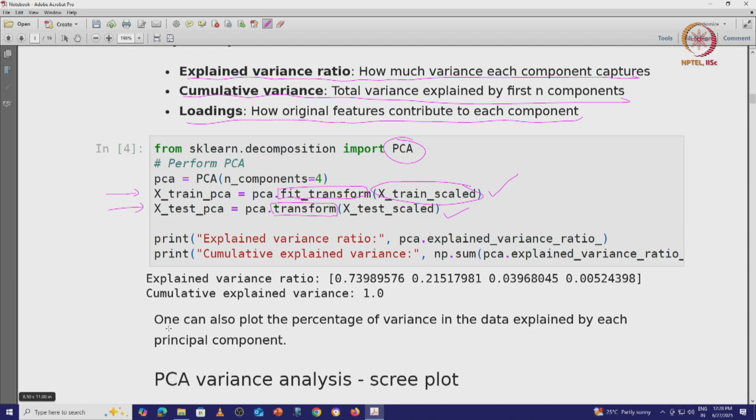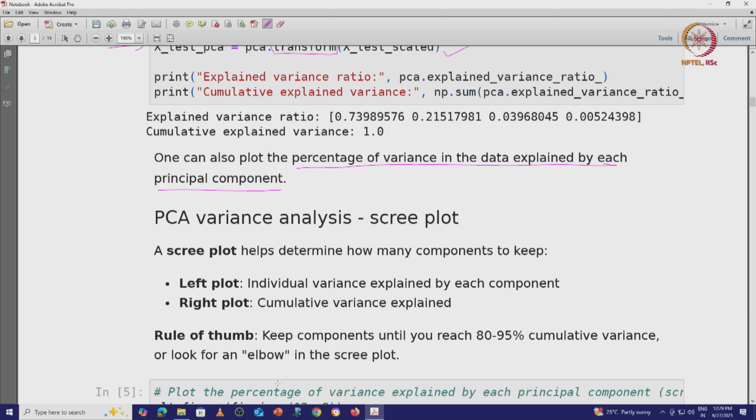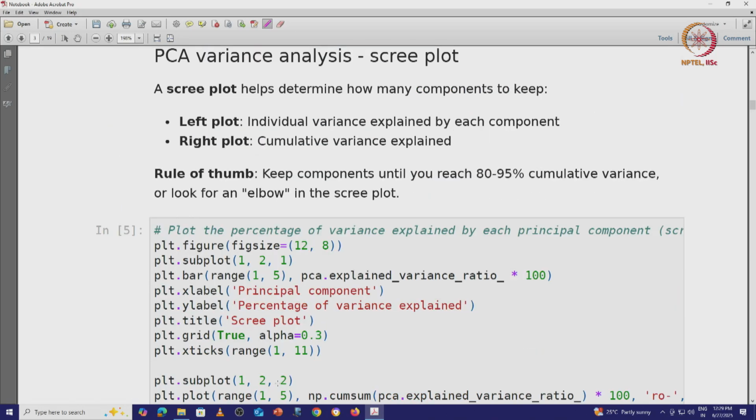Alright, so now one can plot the percentage of variance by each principal component, and that leads us to the concept of the Scree plot that we had discussed in one of our lectures. A Scree plot helps determine how many components you should retain in the principal component analysis. And here we have shown two plots, one on the left, one on the right.